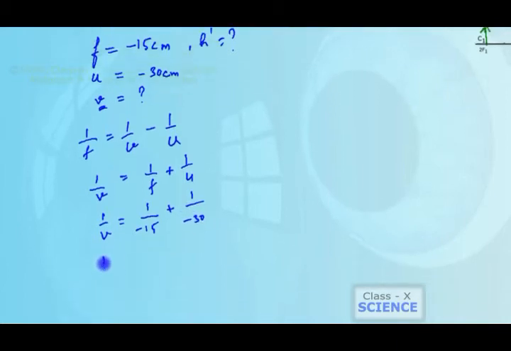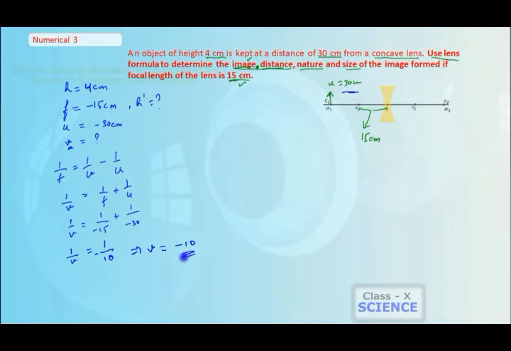By taking LCM and all, we will get 1 by v is equal to 1 by minus 10. So v is equal to minus 10. So this will be the image distance.